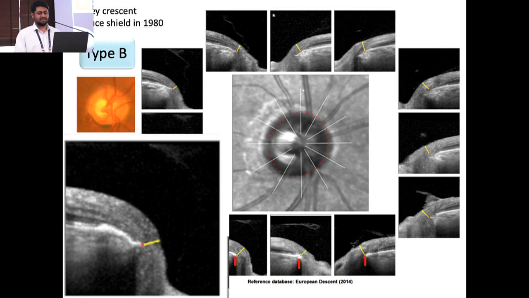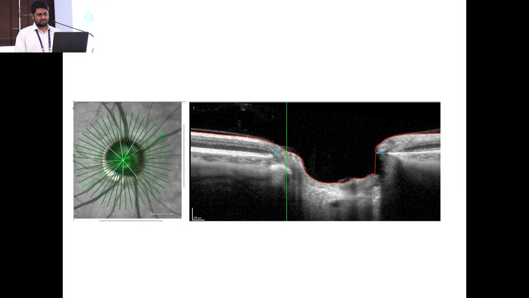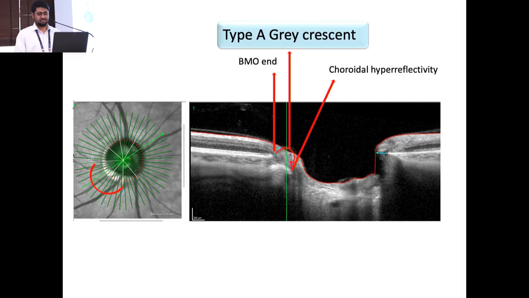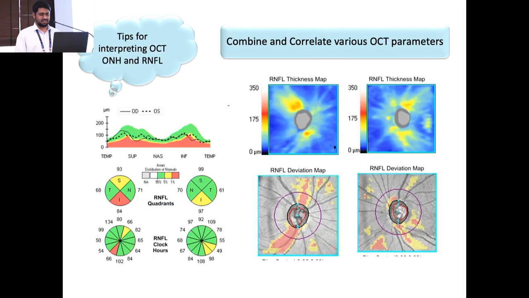So that will give a wrong impression that the rim is thinner. Such details we can pick up. And it has two types. One is where Bruch's membrane will encroach onto the NRR, whereas in the other, a type K crescent, the hyperreflective choroid will encroach. All these will give a false impression of the outer border. You can clearly see the outer border is actually masked by the gray crescent. So always look for the gray crescent, and we can use OCT to delineate it.